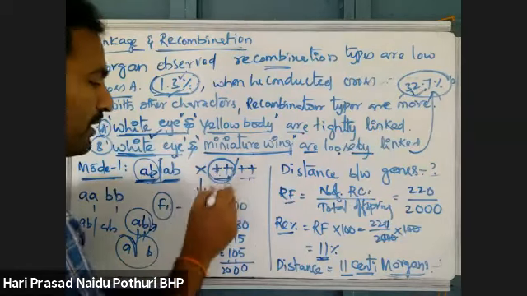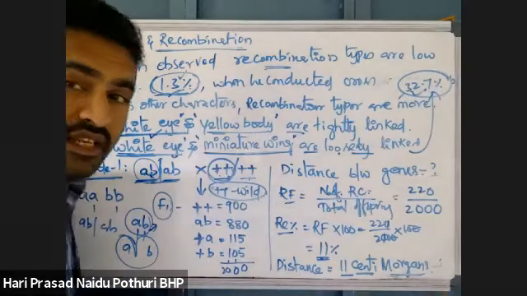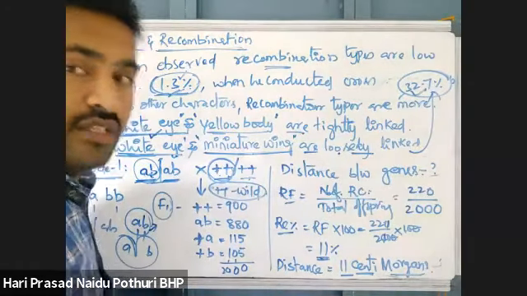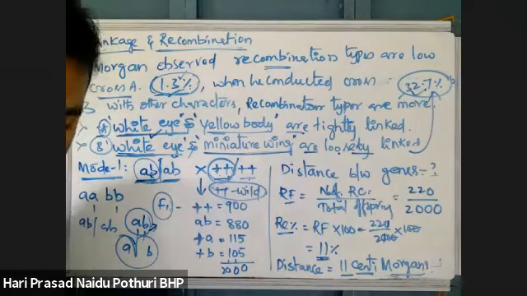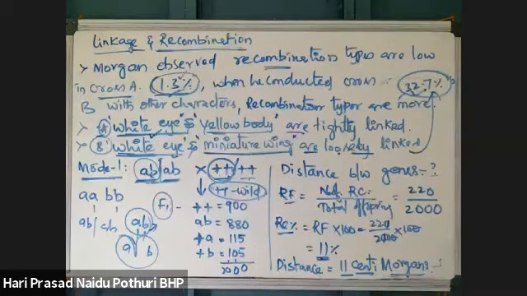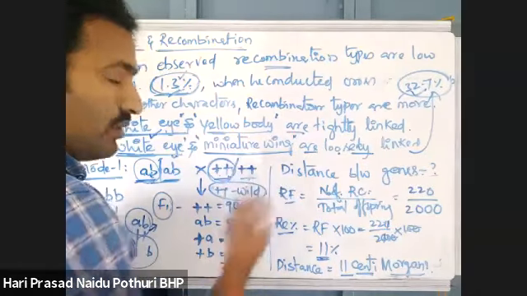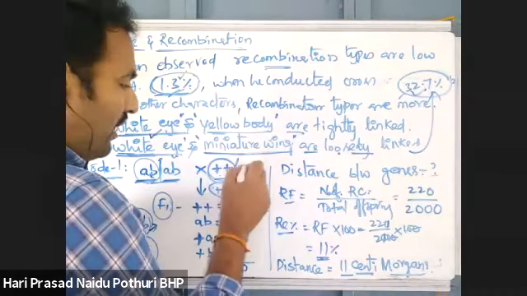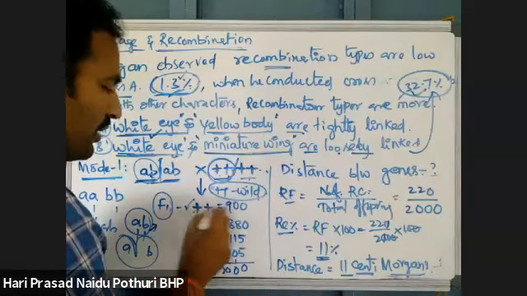Wild variety is plus plus plus plus. I told you what a wild variety is: a gene which can express under any conditions, whether homozygous or heterozygous, dominant or recessive. For wild variety, both genes should be wild, so both characters will be expressed.